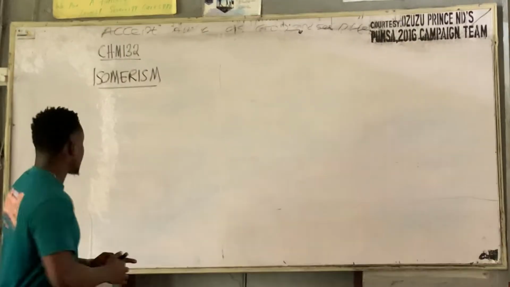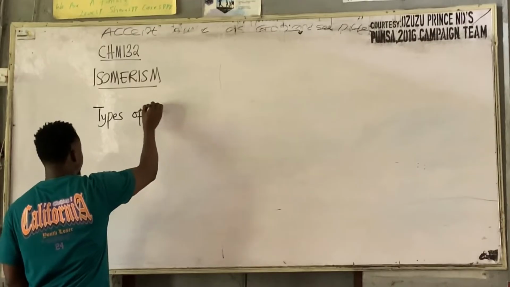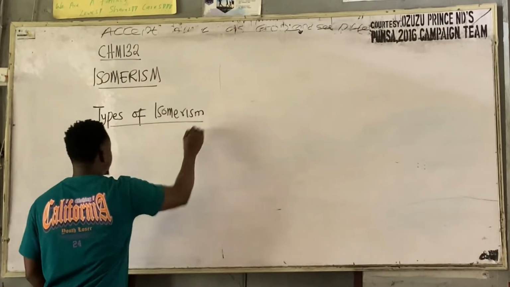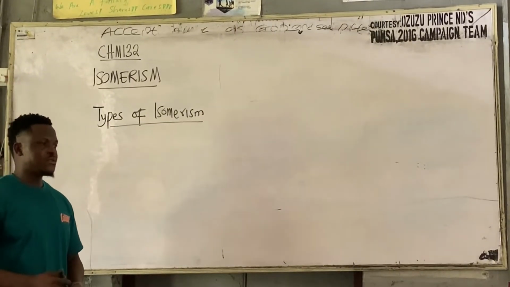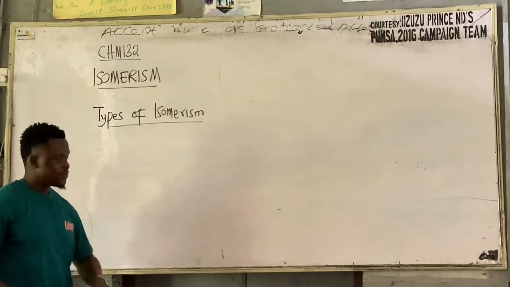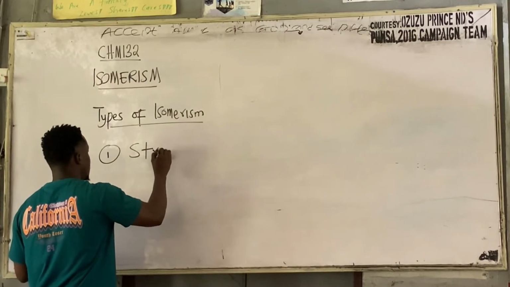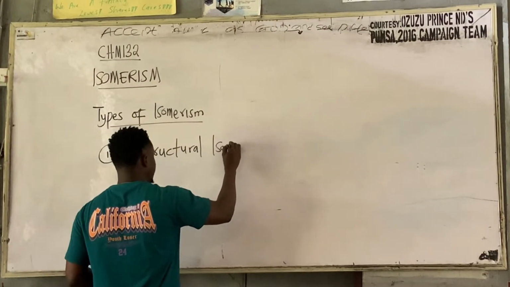So let's look at the types of isomerism. We have two major types of isomerism. The first one is structural isomerism.